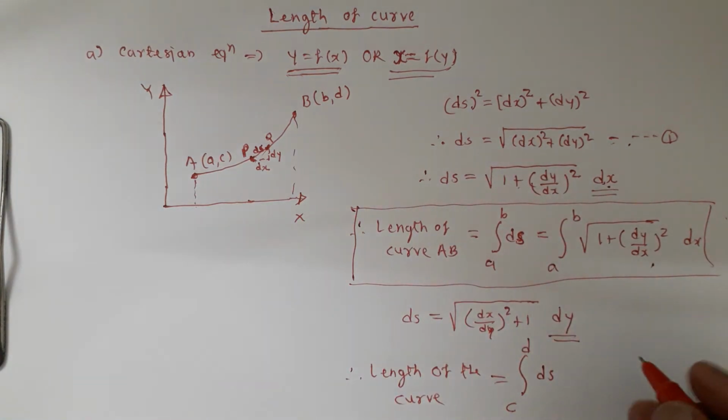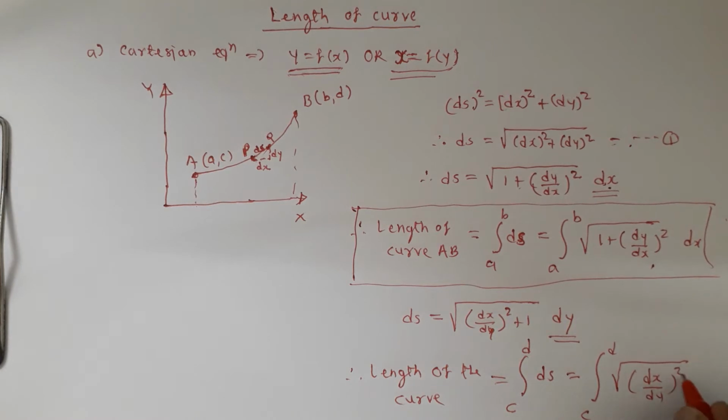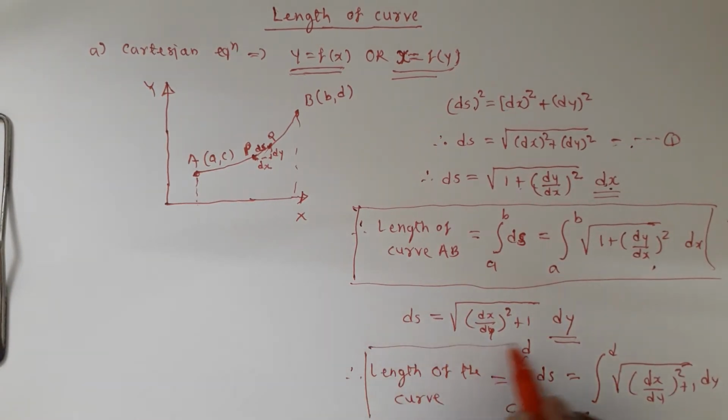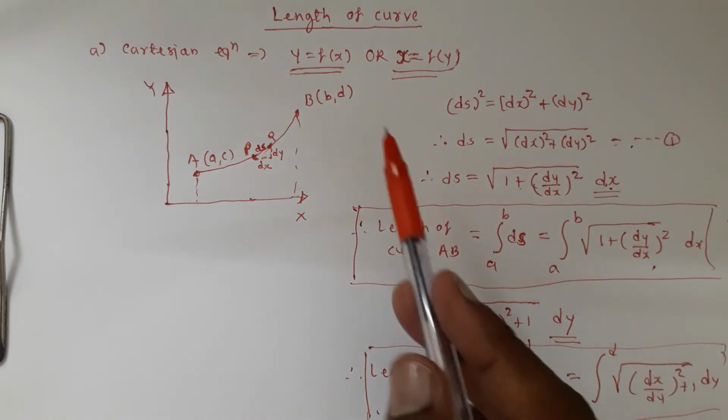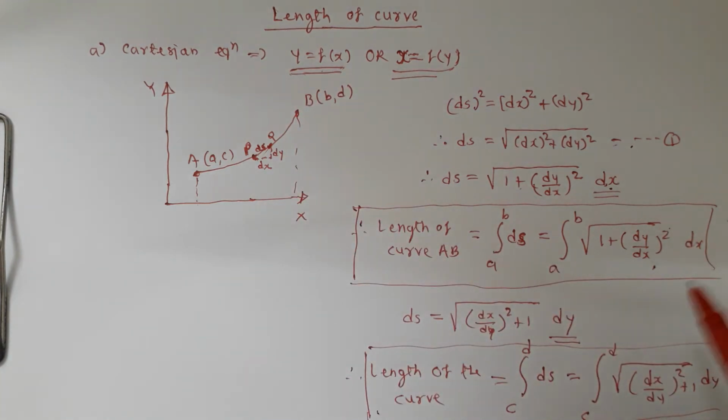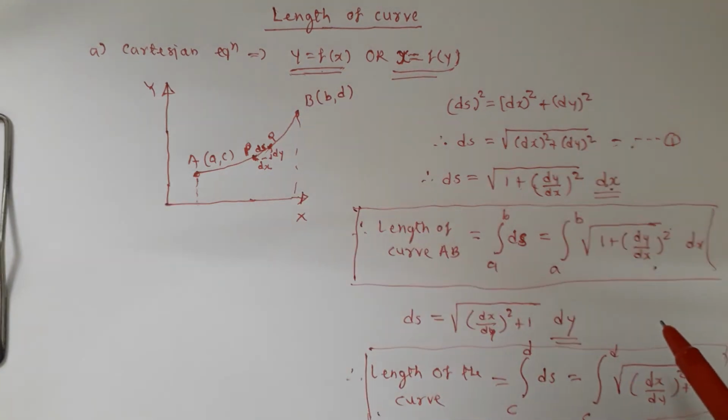So the limit should be c to d, and this is equal to integration c to d of root of dx by dy the whole square plus 1 into dy. So this becomes the second formula. Depending upon how the curve is given or which of these two is given, we will have to use the formula accordingly.